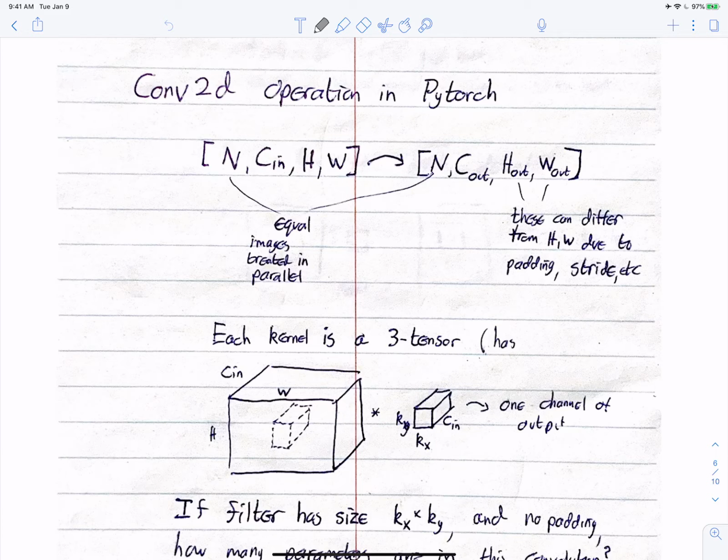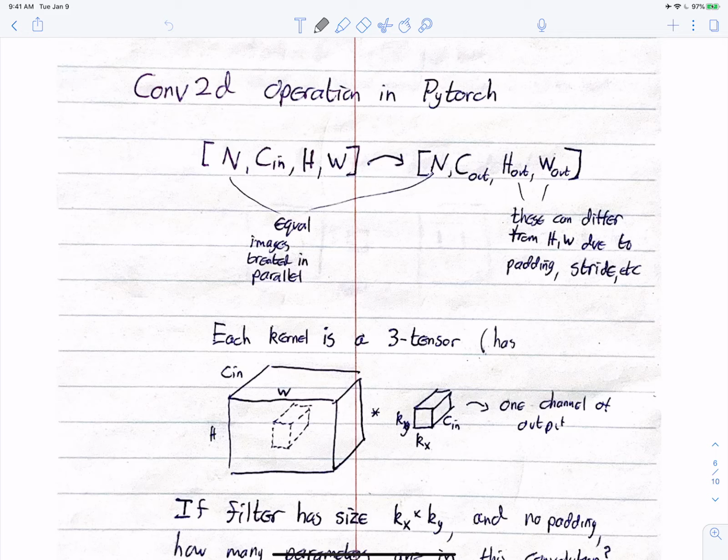Those will determine the dimensionality h out and w out of the activation maps. So this is the input and output of a two-dimensional convolution as implemented in PyTorch.